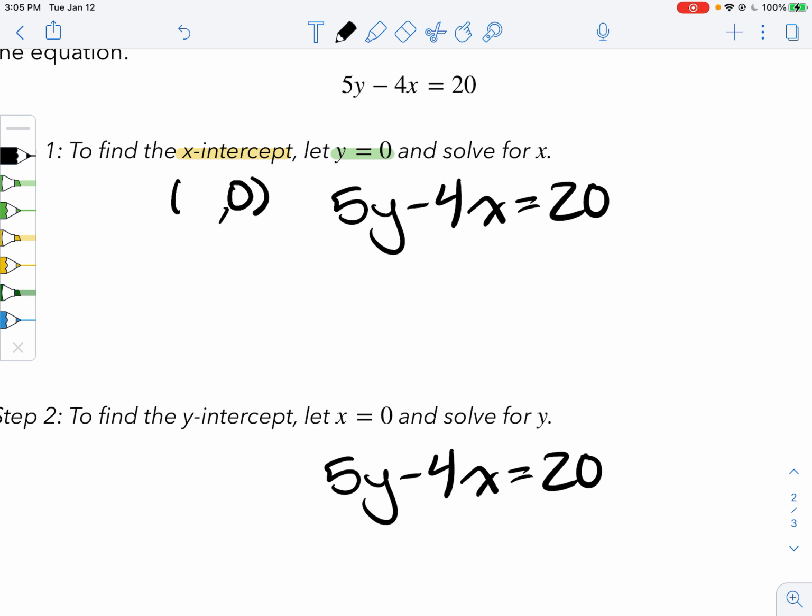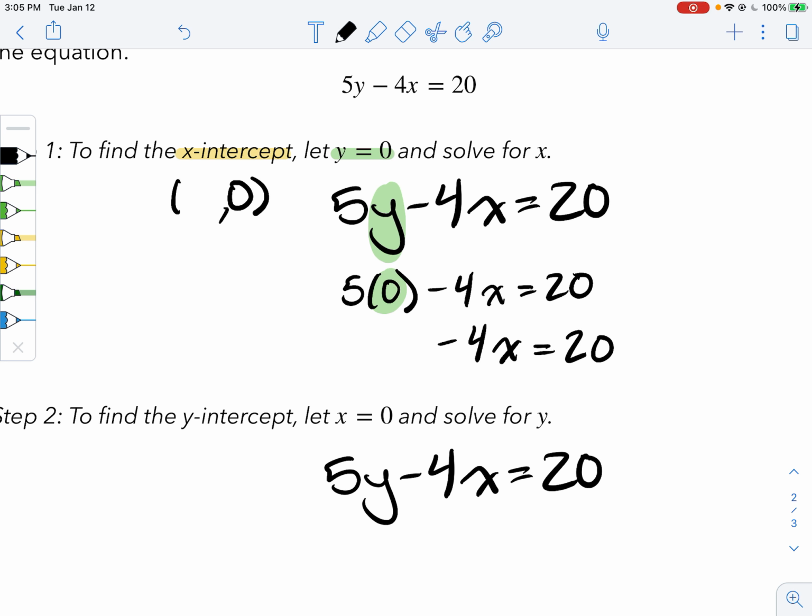We need to figure out what x is. So let's let y equal 0. So we've got 5 times 0 minus 4x equals 20. Well, 5 times 0 is just 0, so we can ignore that. We have negative 4x equals 20.